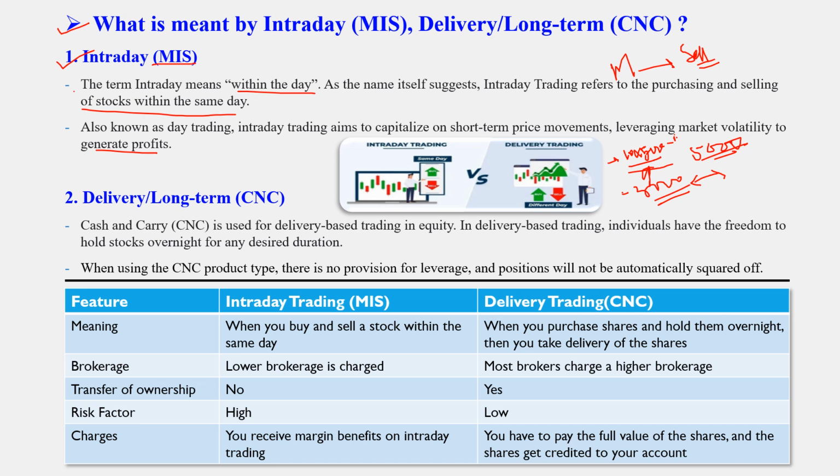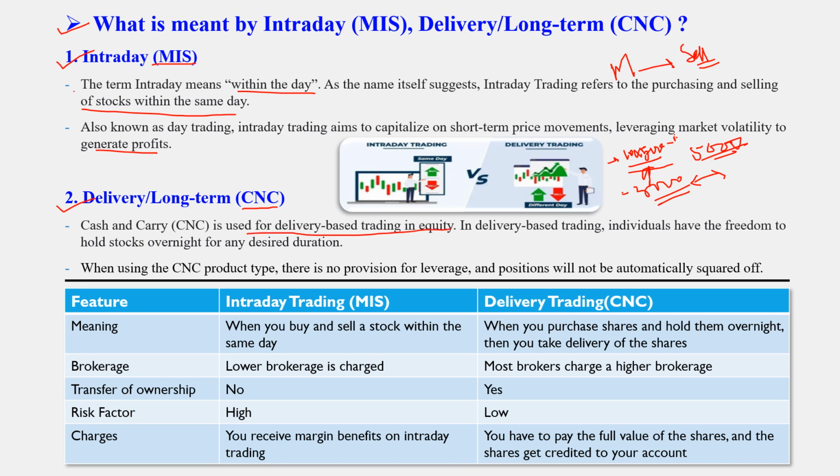And now delivery trading, delivery and long-term trading. Delivery trading means long-term, and it is also called CNC, which means cash and carry. First, the definition: cash and carry is used for delivery-based trading in equity, right?